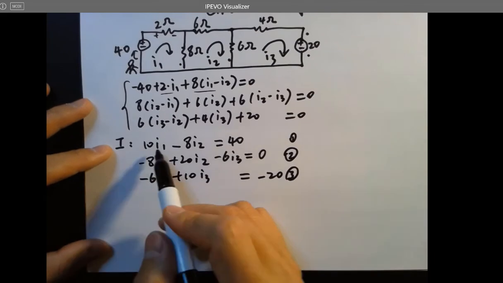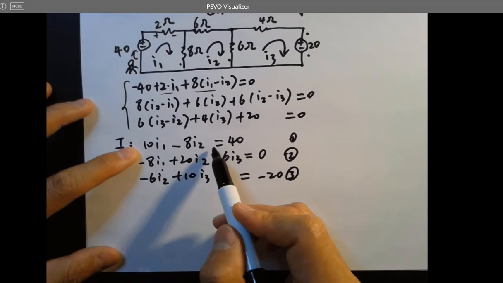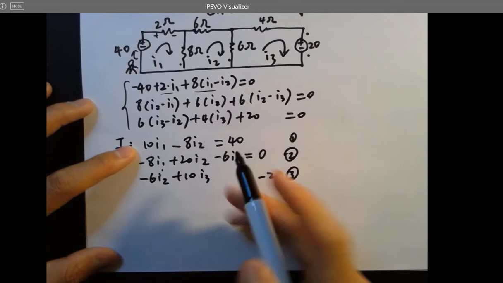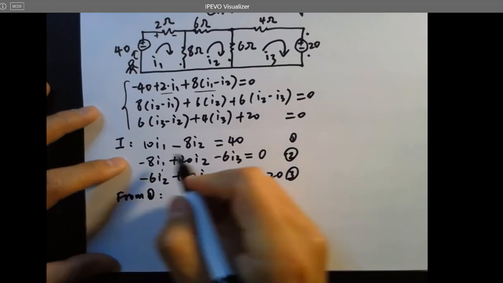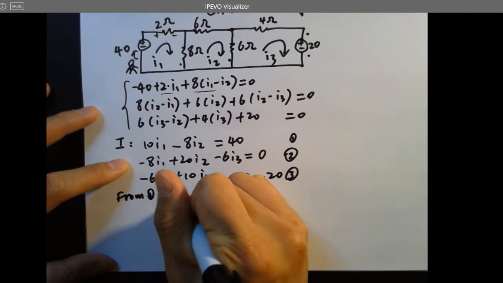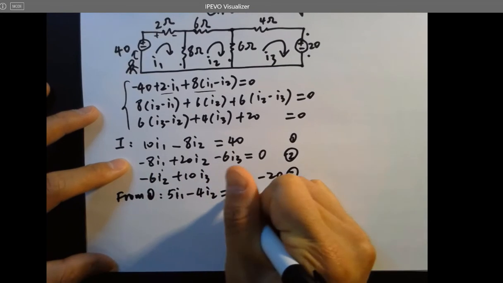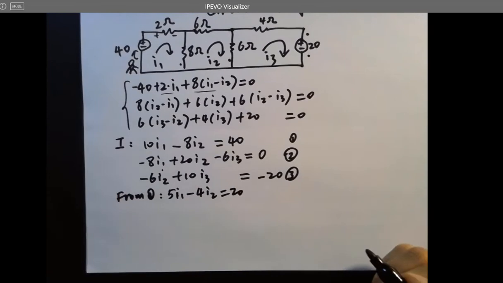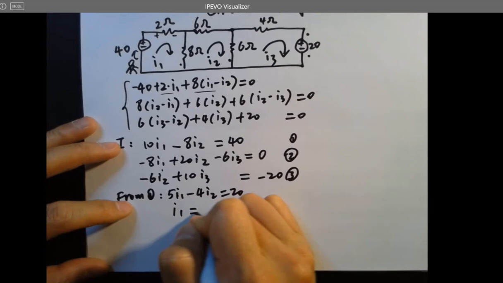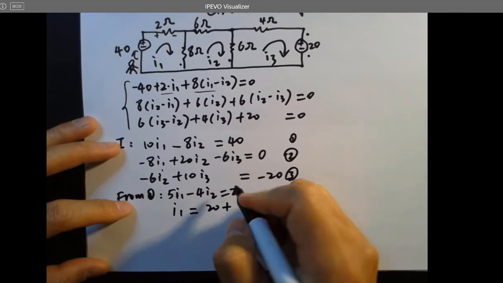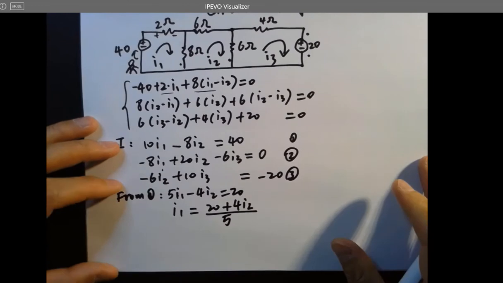If I divide both sides of equation 1 by 2, I'm getting 5 I1 minus 4 I2 equals 20. So I1 equals (20 plus 4 I2) over 5. Okay, that's how you get I1.